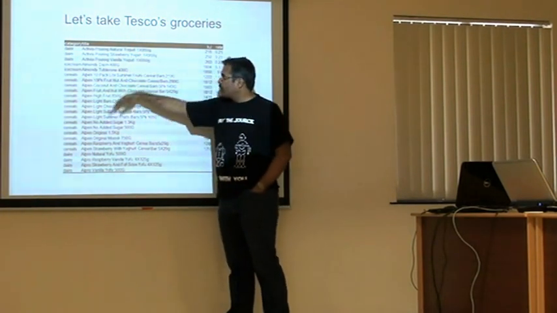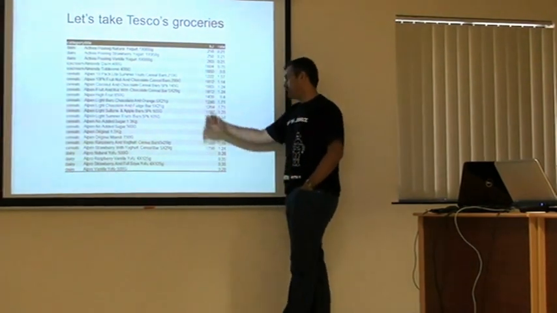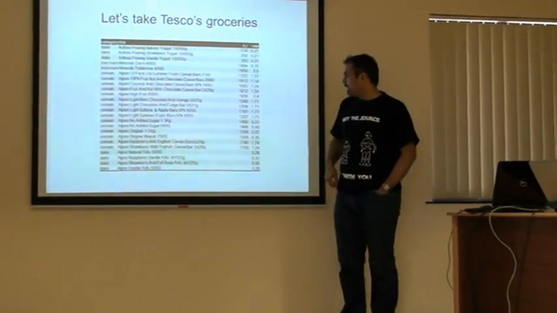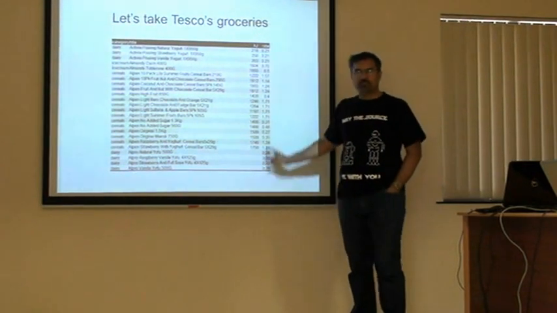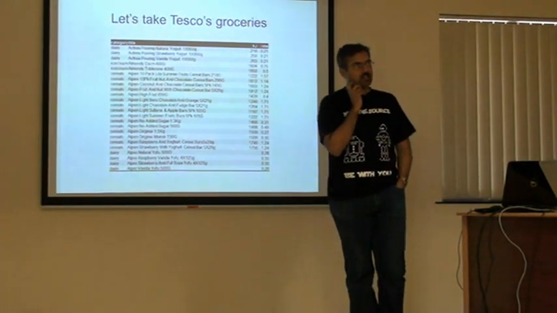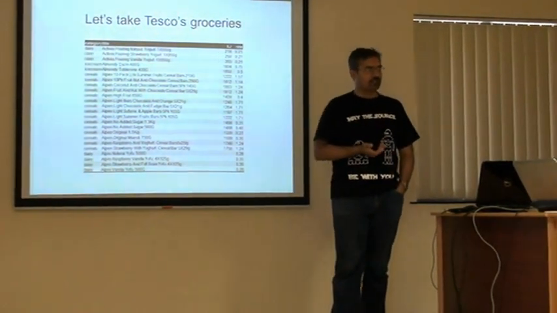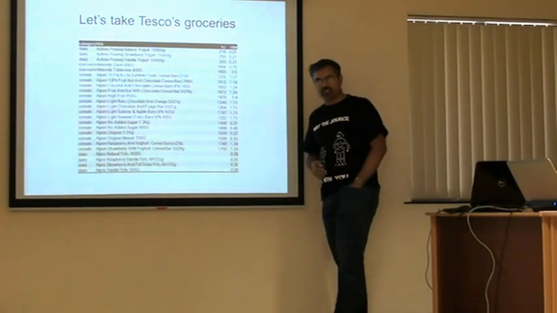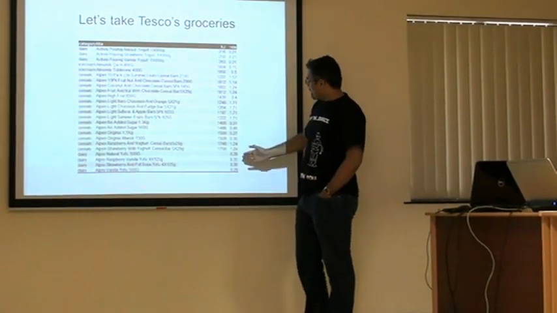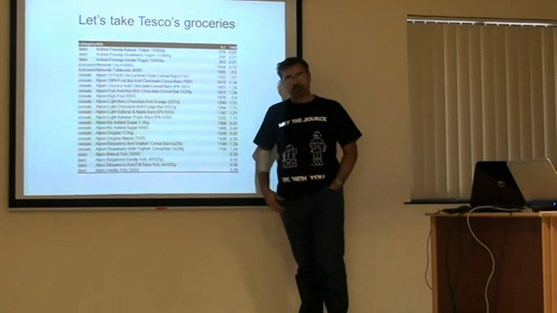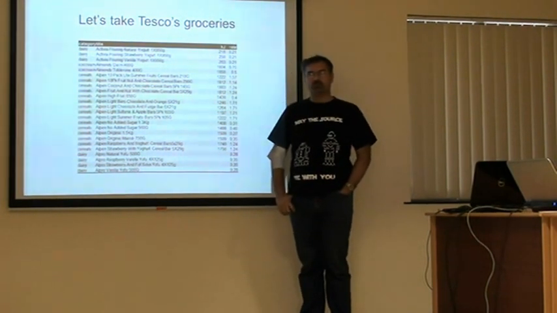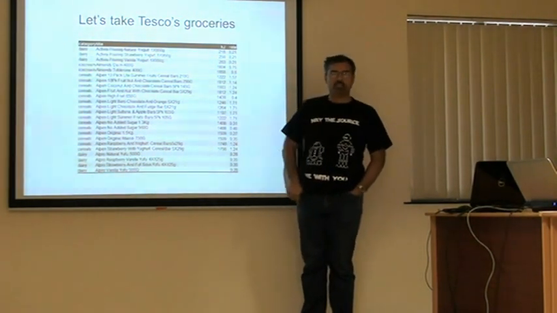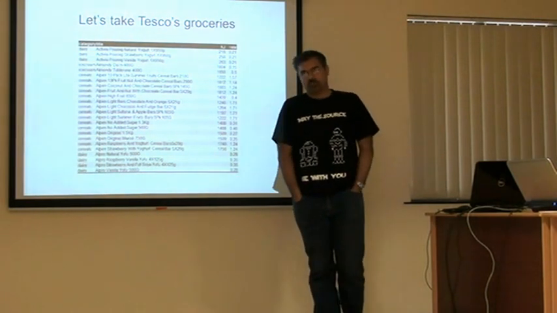You have the category of the product, the name of the product, the energy content, and the price. The energy content is in kilojoules per 100 grams, and you can convert that to calories if you like. The price is in pounds per 100 grams. So on a per 100 gram basis, how much energy is it giving you and how much does it cost?